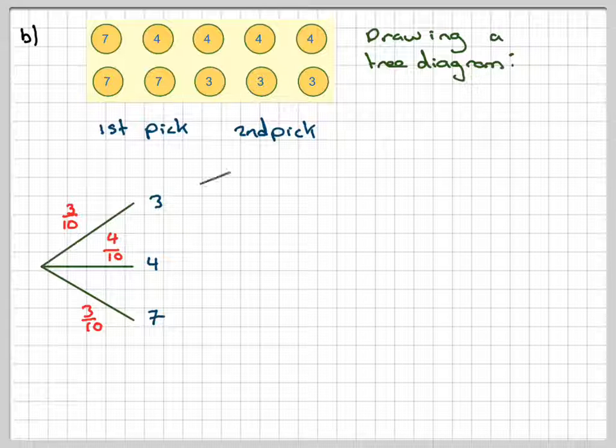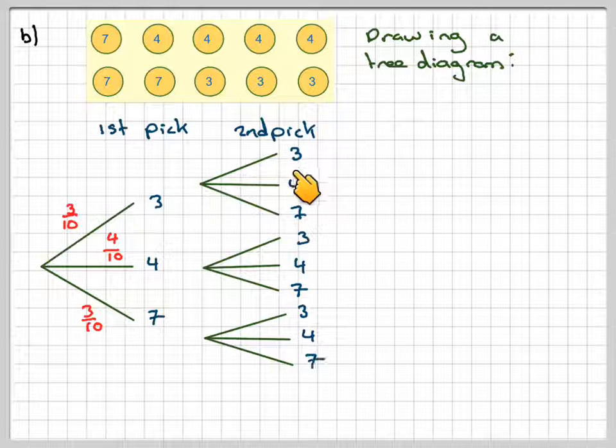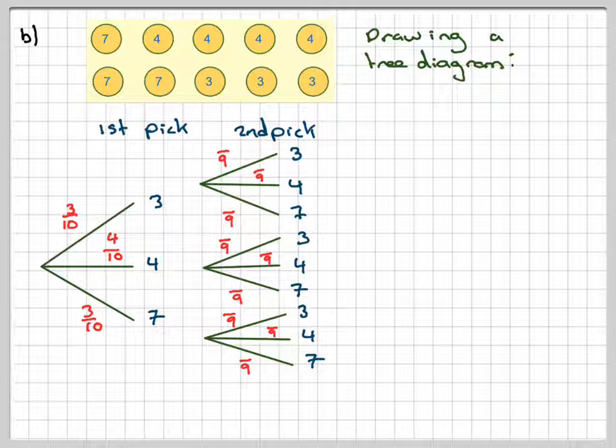In the second pick, then having got a 3 on the first go, we can get a 3, 4, 7. Having got a 4, we can get a 3, 4, or 7. And having got a 7, we can get a 3, 4, or 7. All the probabilities are going to be out of 9 with one of the counters we've already turned over. Right, so if we've taken a 3 from here, there are only now 2 left from here, and these 2 are now the same, 4 and 3.